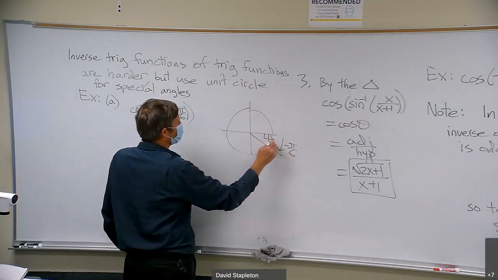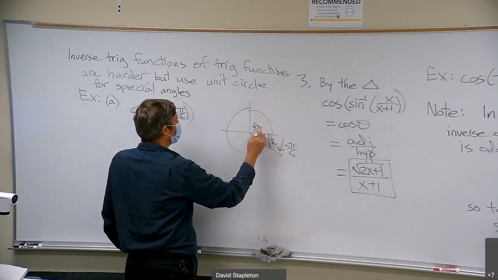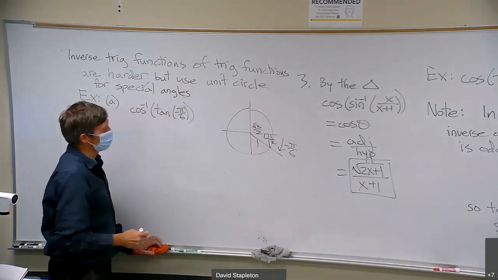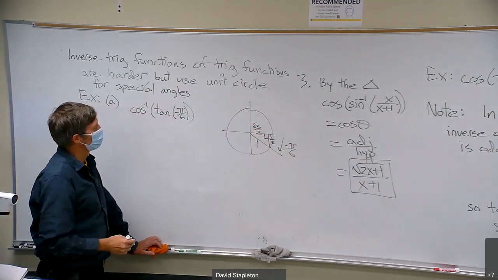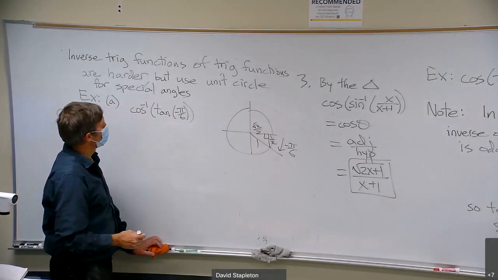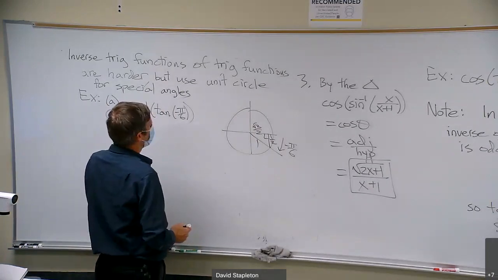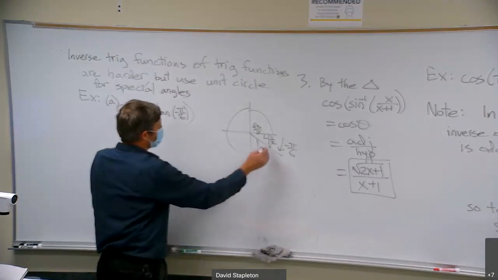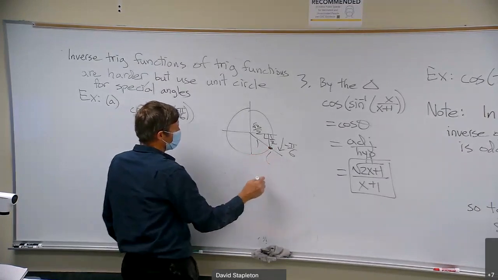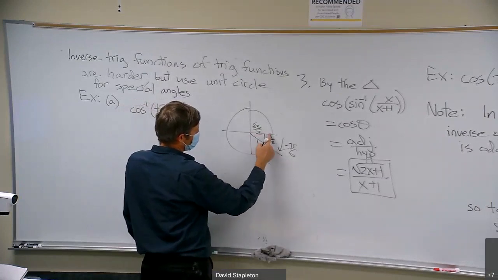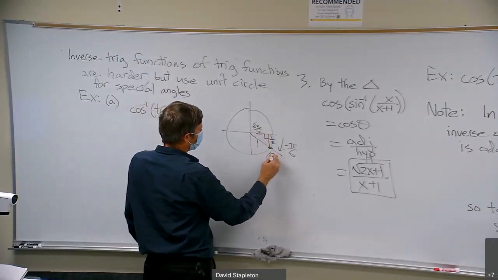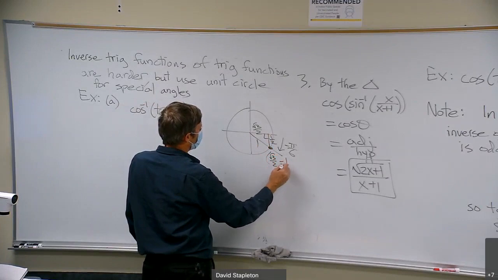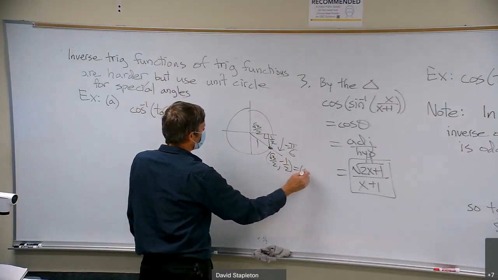I've got 1/2, square root 3 over 2, and 1. Use that all semester. And now that means the coordinates of the point are, let's see, square root 3 over 2, minus 1/2. That's the x and y coordinates.